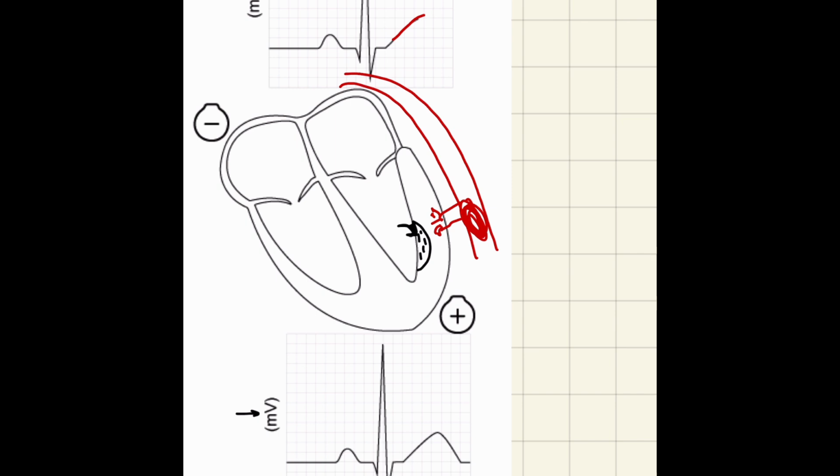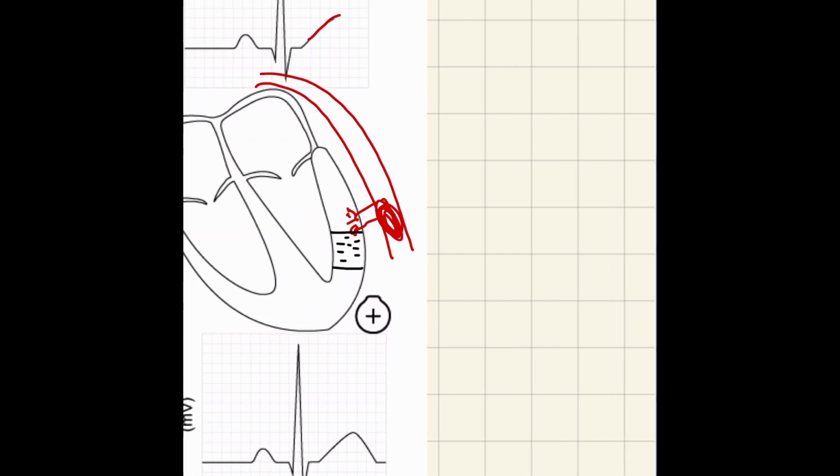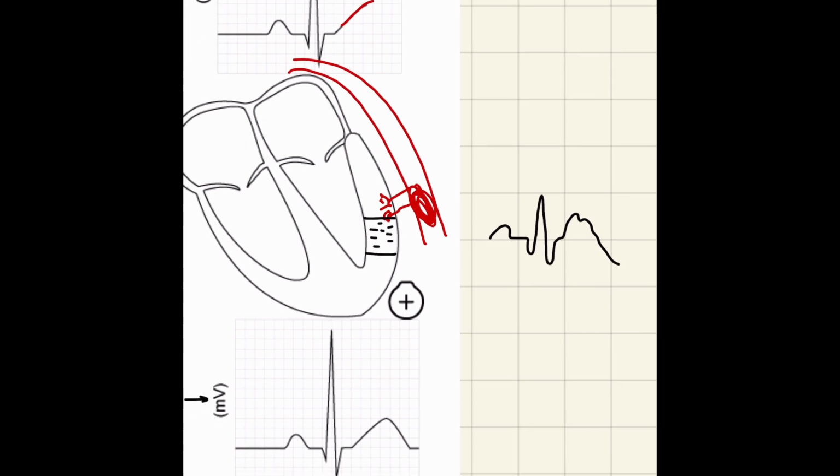And that, if it gets bad enough, can progress to what we call a STEMI, which is when it's ST elevated. And that causes your EKG to look really funny, kind of something along those lines, where your T wave looks really quite odd.